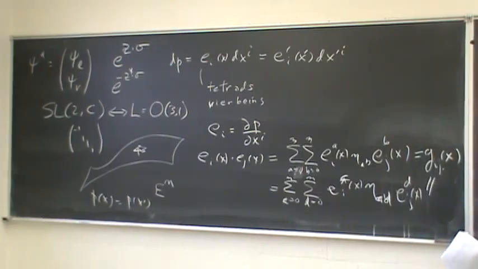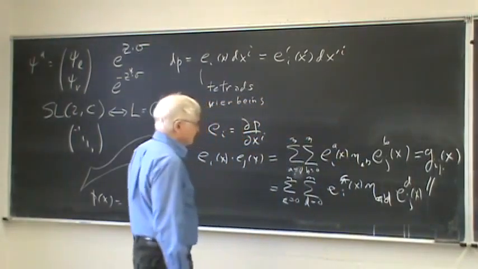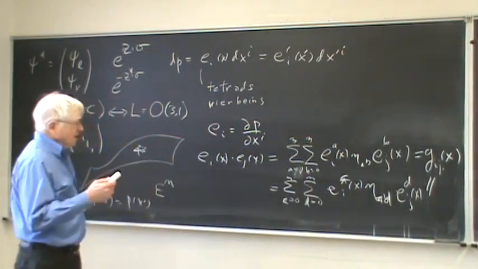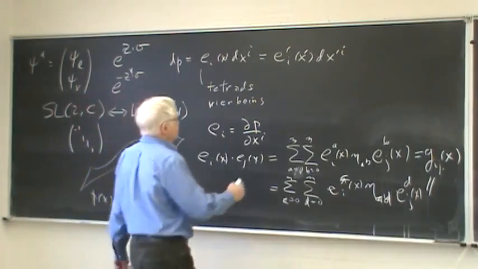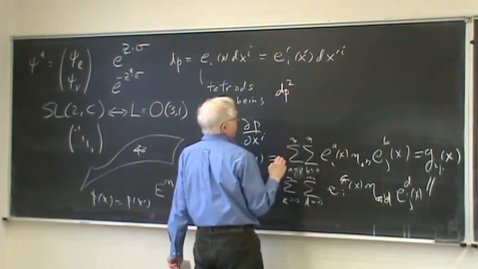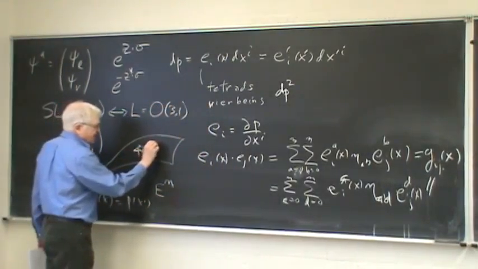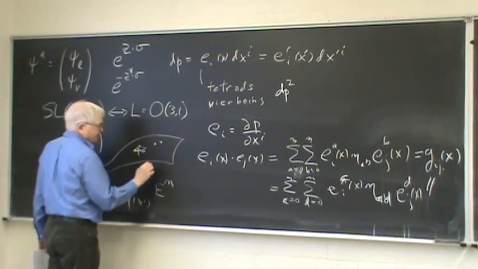And the reason why we think of this as the metric tensor is that the thing that we want to be invariant is dp squared, the separation between two points, so point P here and point P prime there.